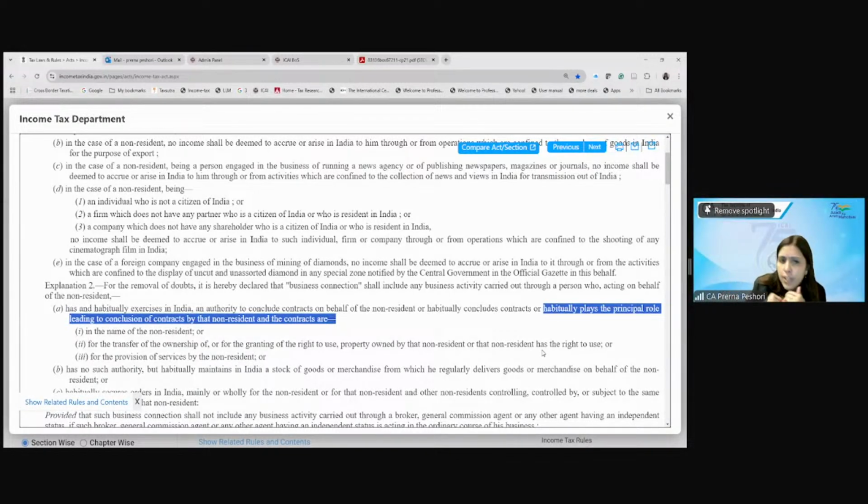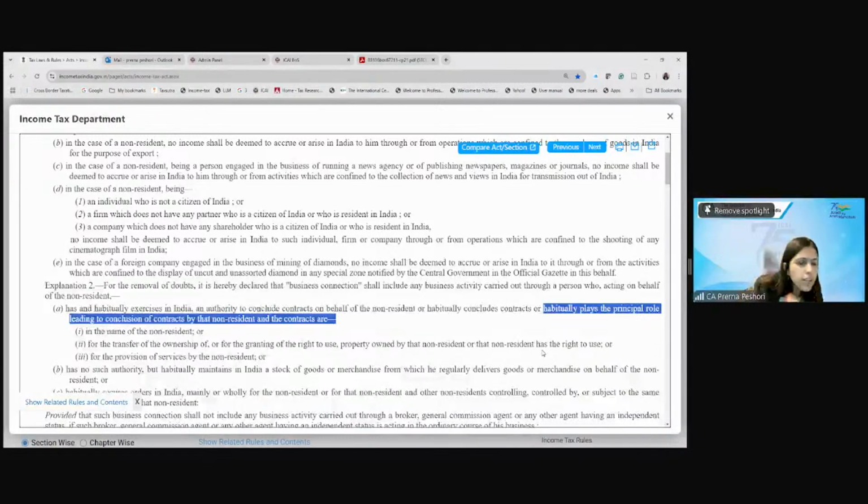And whether or not the contracts are in the name of the non-resident, whether or not the contract relates to the transfer of the ownership of, or the granting of the right to use, property owned by that non-resident or that the non-resident has the right to use, or for the provision of services by that non-resident.